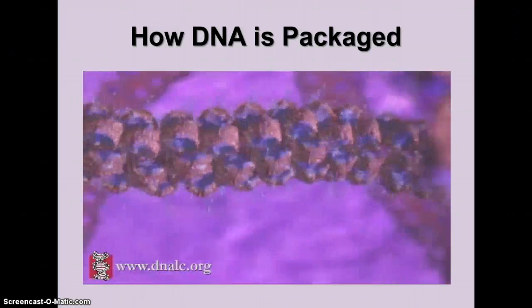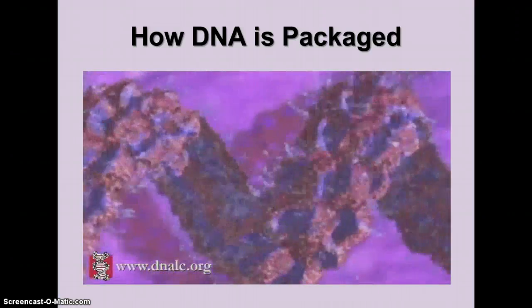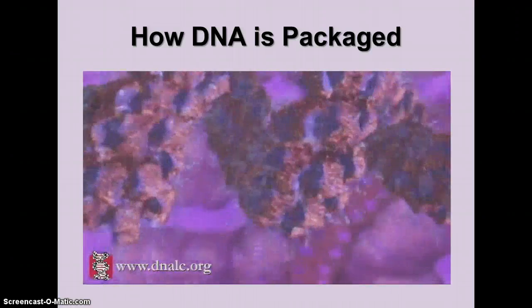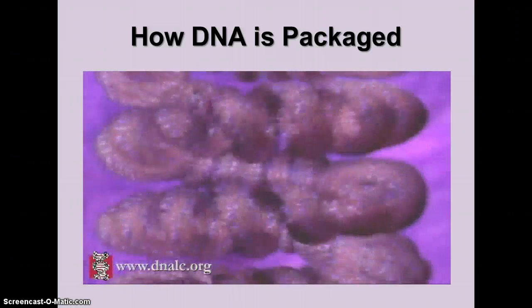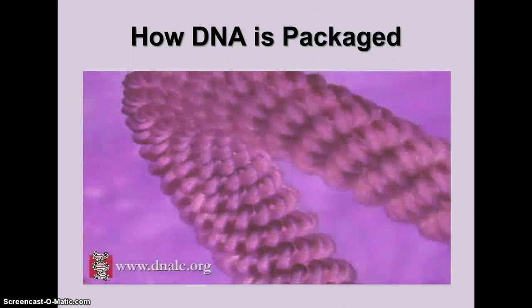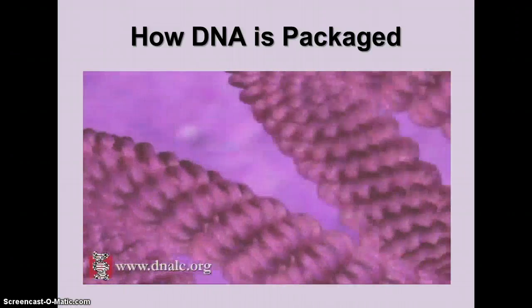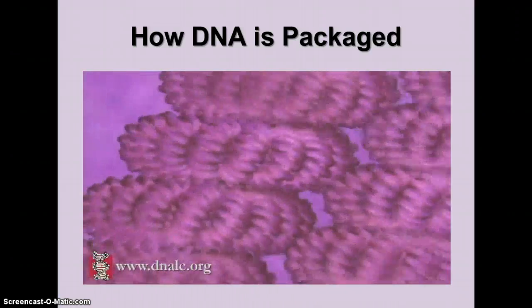This fiber is then looped and further packaged using other proteins which are not shown here. The end result is that the DNA is tightly packed into the familiar structures we can see through a microscope, chromosomes.